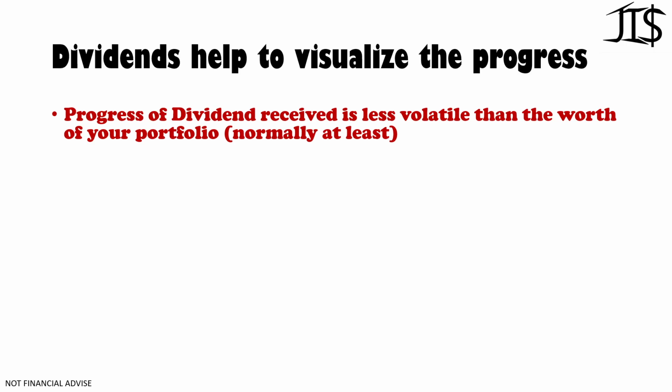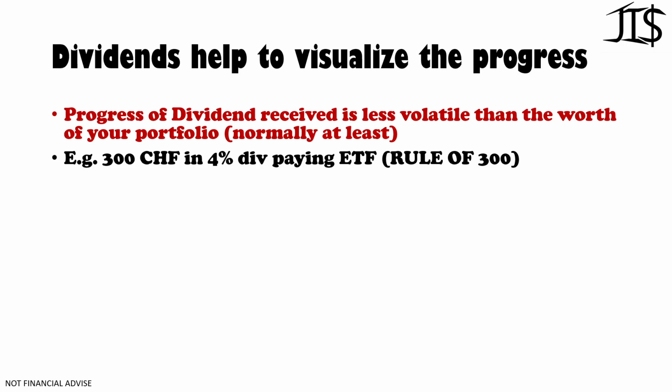And if one of the 100 stocks stops paying a dividend and the other dividend companies raise their dividend, normally the impact will be minimal. So normally the progress of your dividend projections is less volatile, and that's a thing that many people forget. It's a psychological thing. And you know my rule of 300.